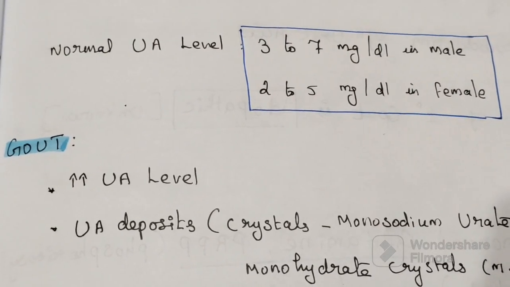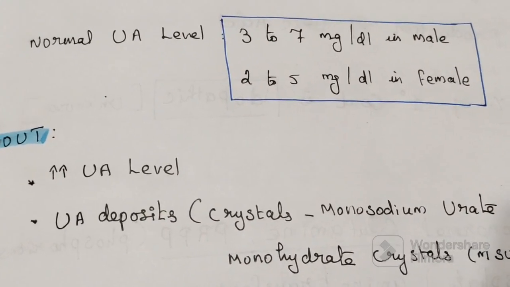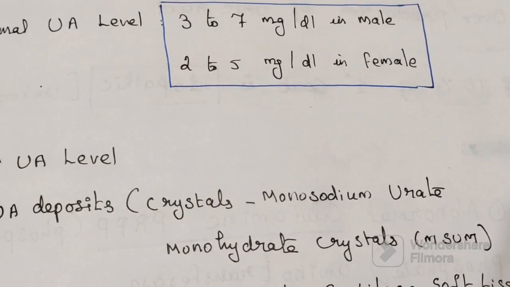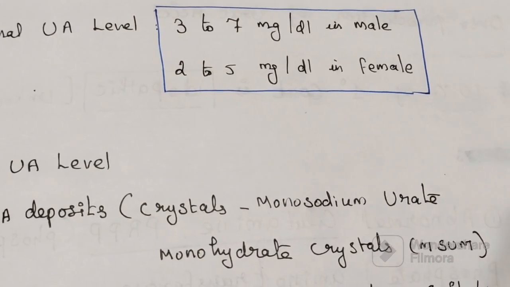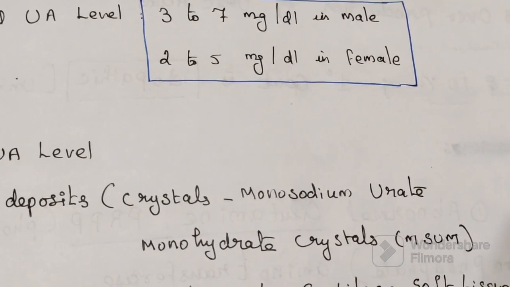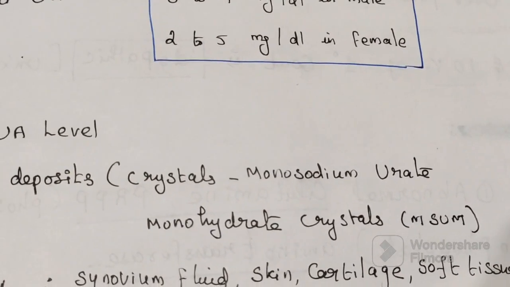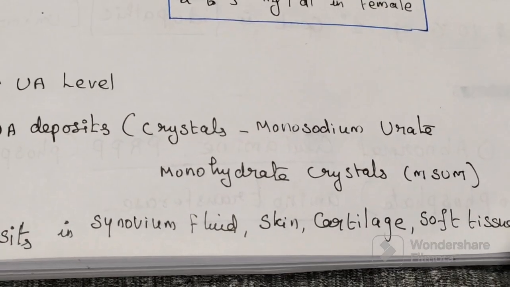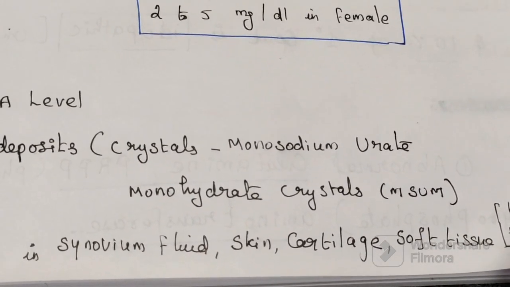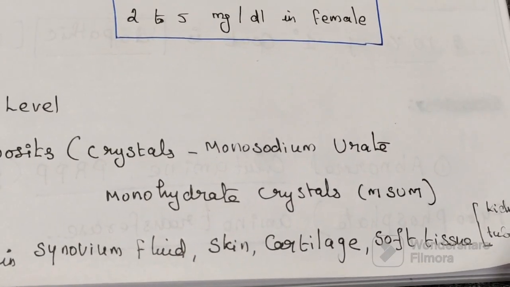Uric acid deposits as crystals, known as monosodium urate monohydrate crystals, MSUM. These deposit in synovium, joints, under the skin, cartilage, and soft tissue like kidney tubules. It may lead to kidney stone.